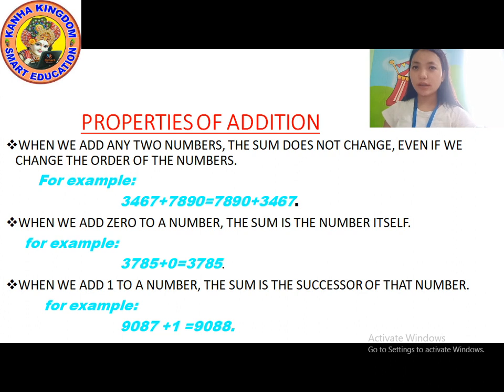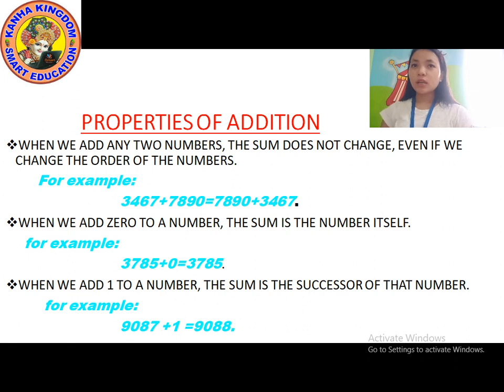Now we are going to learn about properties of addition. The first property of addition is, when we add any two numbers, the sum does not change even if we change the order of the numbers.